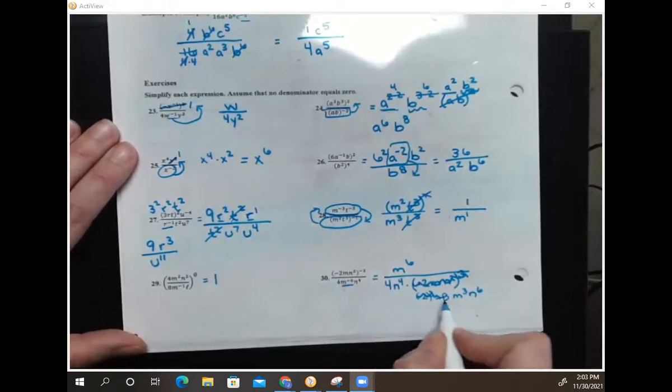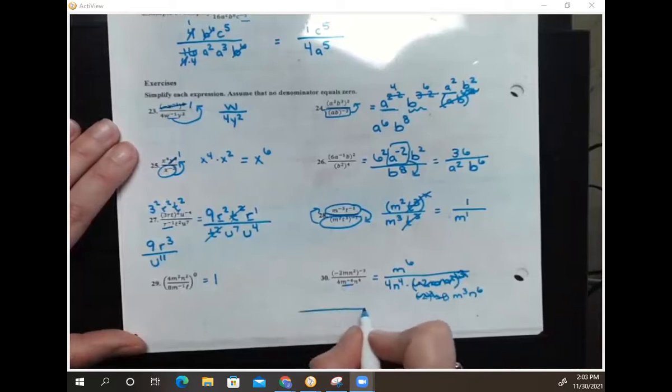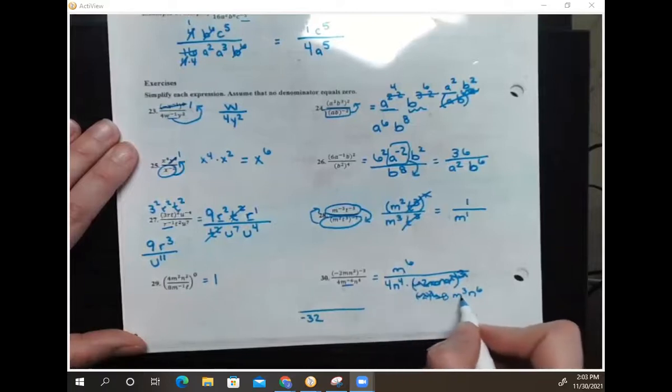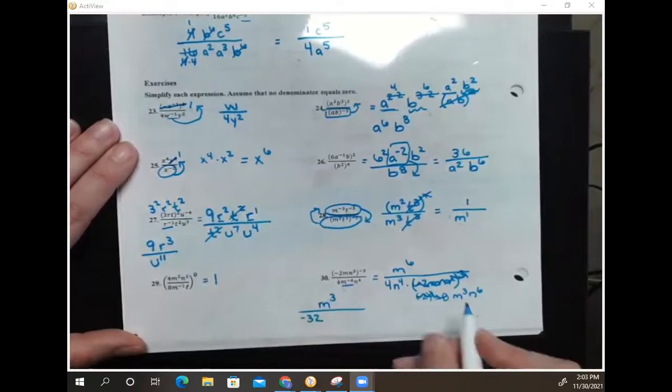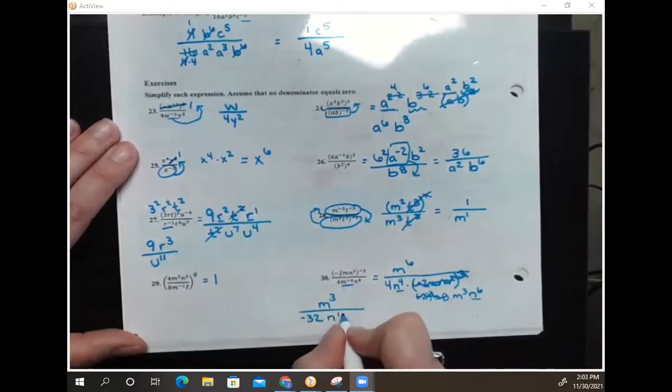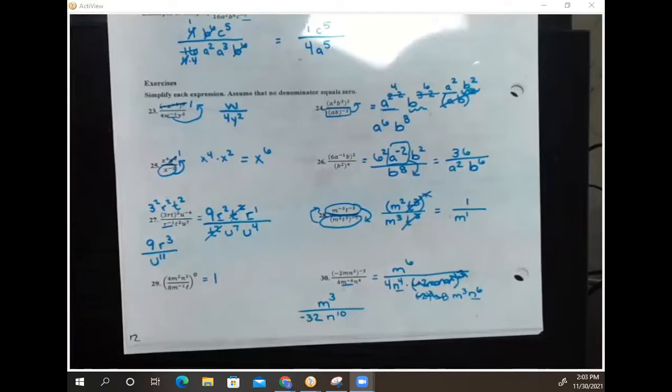So 4 times negative 8 would be negative 32 on the bottom. And then I've got an m on top and on bottom. Big minus little, 6 minus 3 would be 3. So m cubed on top. And then I've got n to the 4th and n to the 6th. Add those exponents. I would get n to the 10th on the bottom.